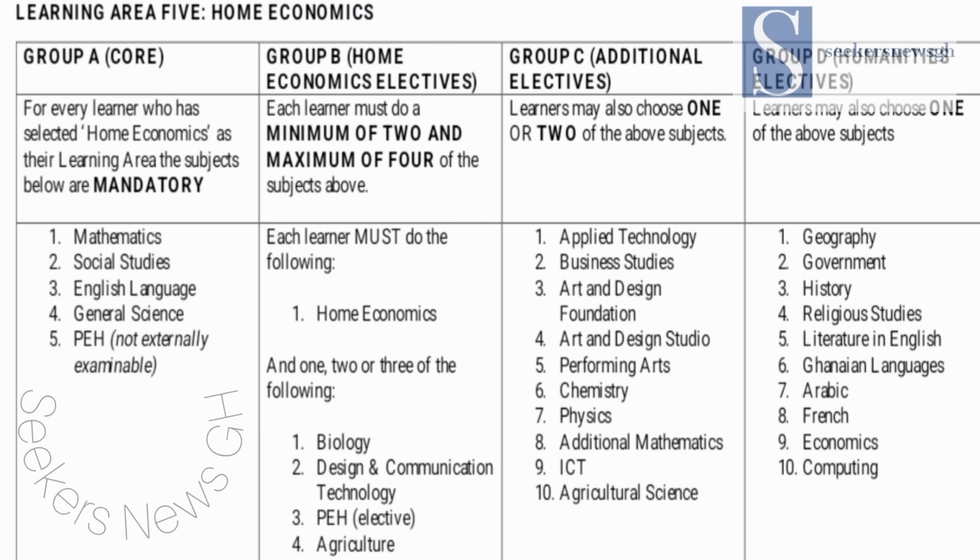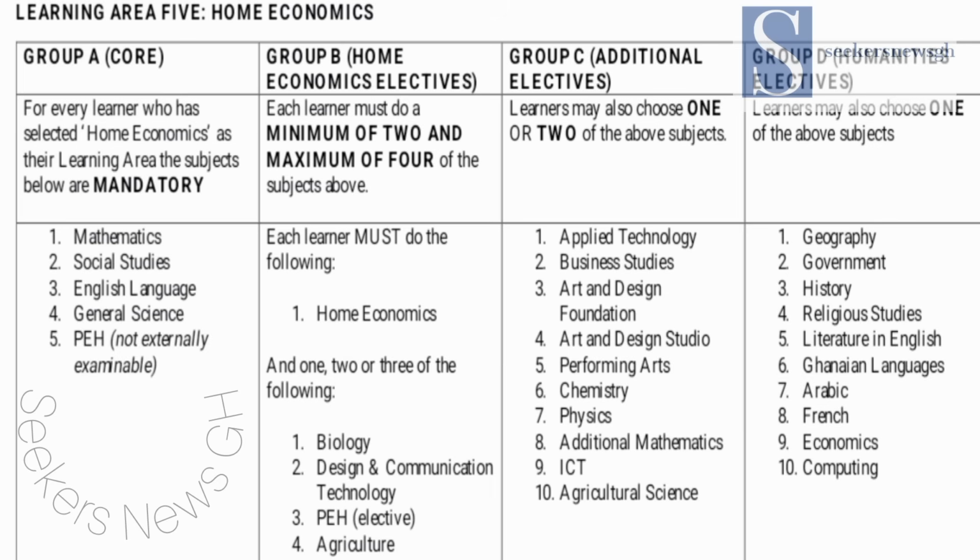Okay, so home economics, learning area 5. These will still be the core: mathematics, social studies, English language, general science, and PE. Even though you do PE, it's not examinable by WAEC. Then group B, which is home economics electives. Each learner must do a minimum of 2 and a maximum of 4 of the subjects here.